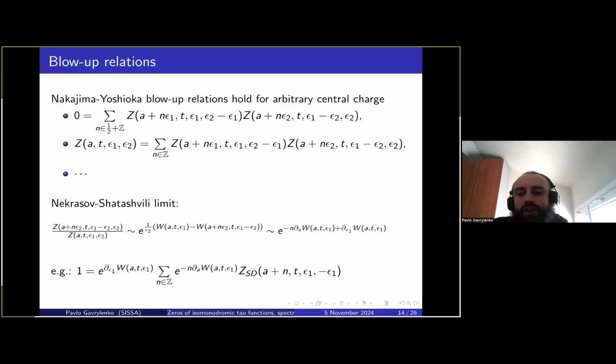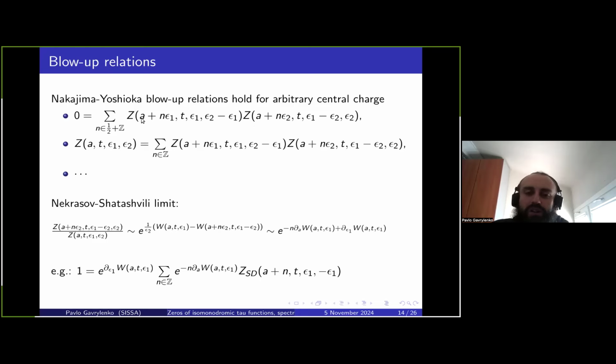So these equations look like this. The first non-trivial equation contains the sum over all half-integer numbers, and the summand is a product of two Nekrasov partition functions over this conformal block with all normalizations.